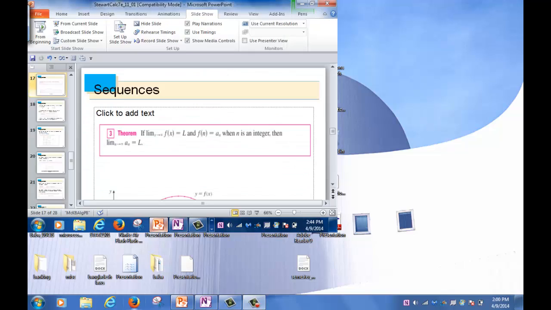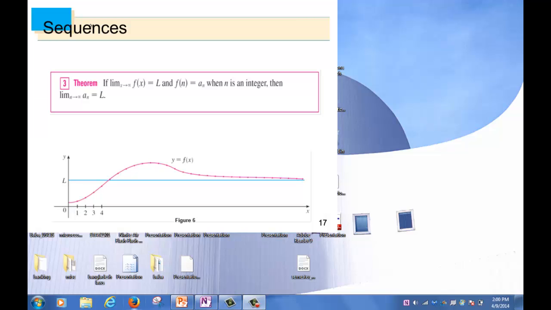So in my next slide, that's what I'm trying to say, that if I have a function f of x, and f of x, let's say, is defined over the interval from 1 to infinity, and I'm defining a sequence an, which is f of n, then the limit of an is the same as the limit of f of x as x goes to infinity.